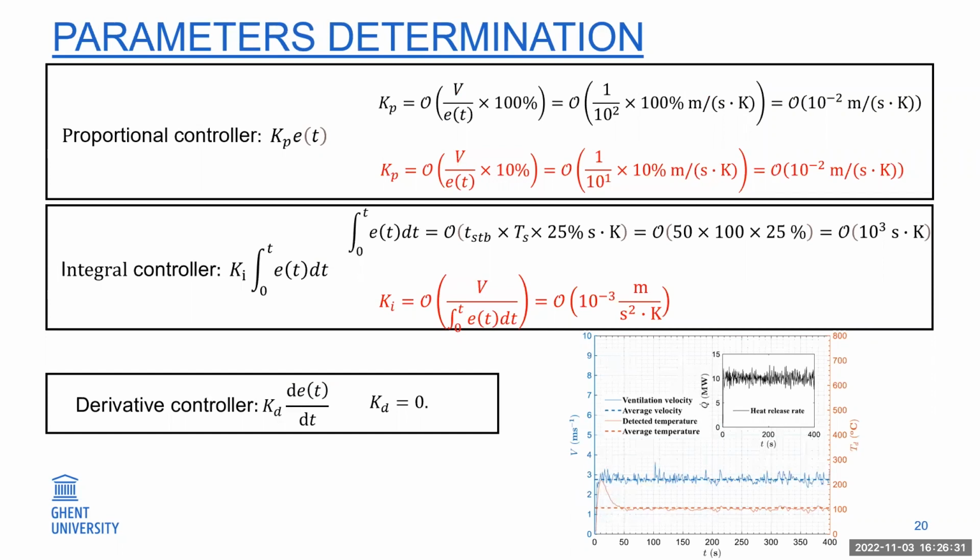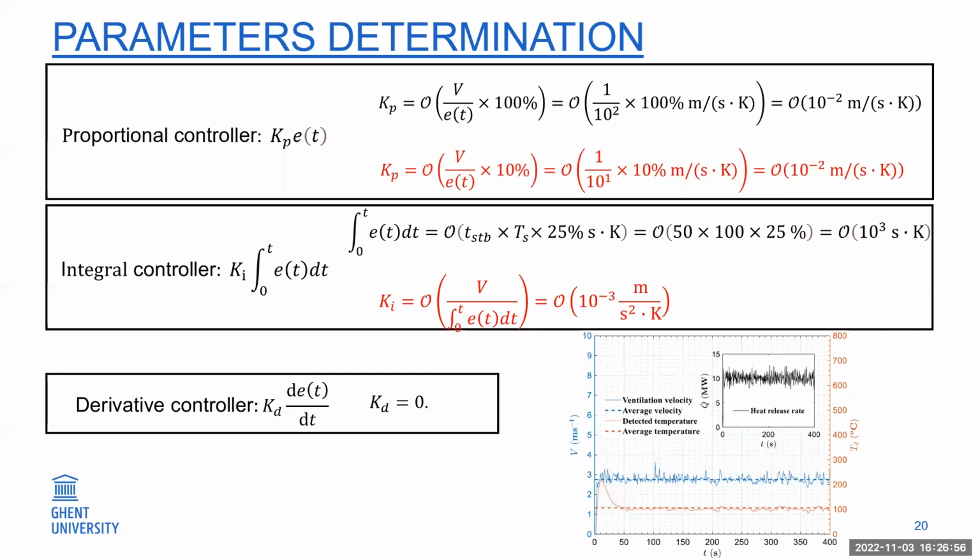The next important thing is to determine the parameters of the PID controller. Firstly, we need to make an estimation of the three parameters. For example, for the proportional controller, we need to estimate KP.